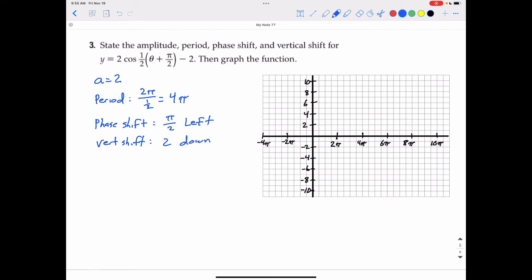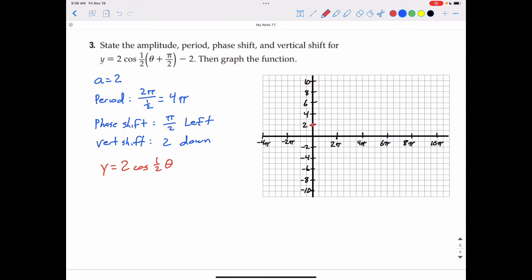So we're going to graph the parent function, which is y equals 2 cosine 1/2 theta. Again, just negating everything that involves the shift. That's what we're graphing for the parent function. So 2 cosine 1/2 theta, and let it start at 2, 0, 2.